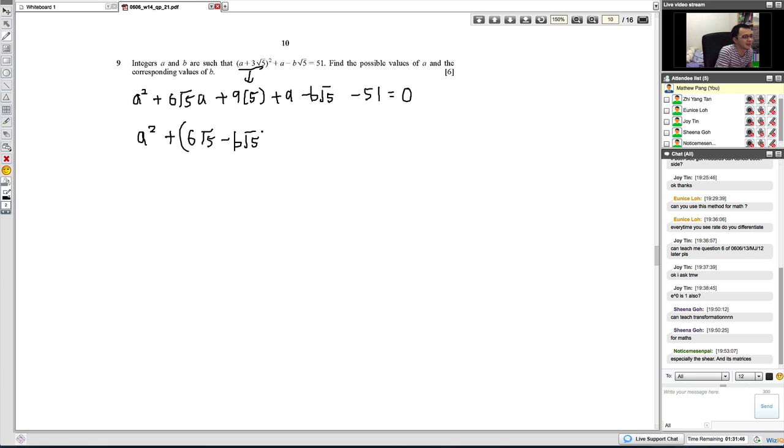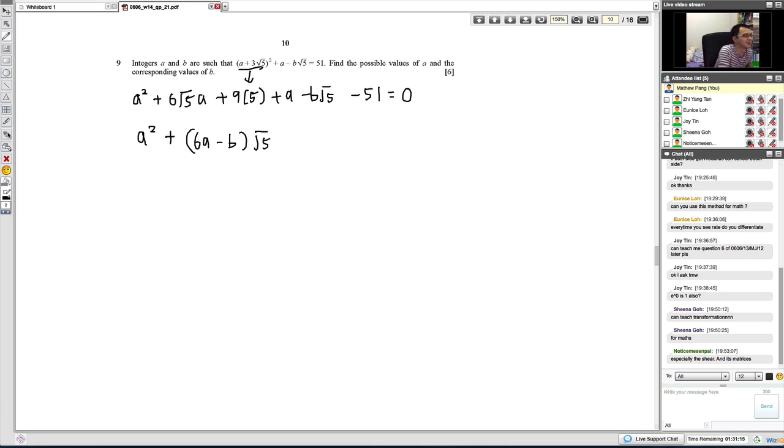Oh, this is a. No, I'm not going to do it like this. I will still join them together, but with another method. Okay, I will say this is 6a minus b root 5, and then we have plus a also.